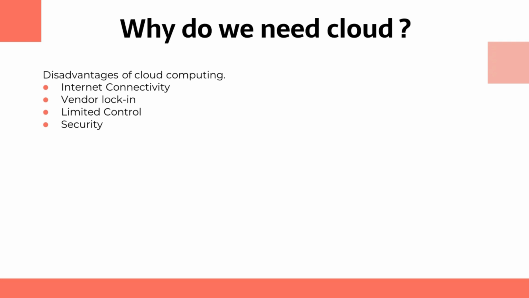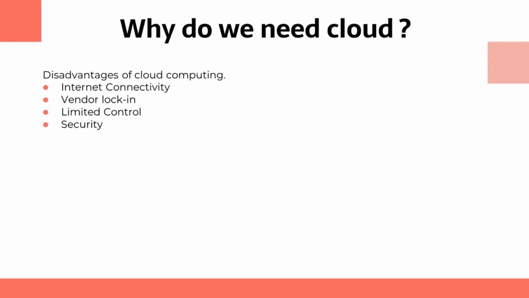Next comes vendor lock-in. Imagine you hosted an application with AWS, and because of some cost cutting and some security concerns, your organization is thinking of moving from AWS to Azure.